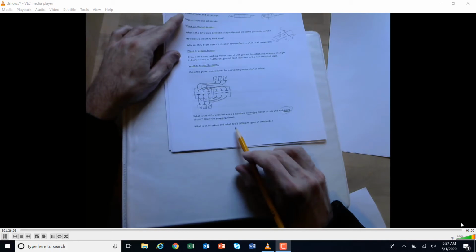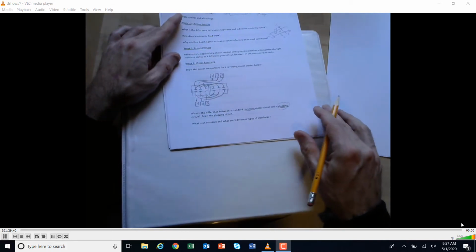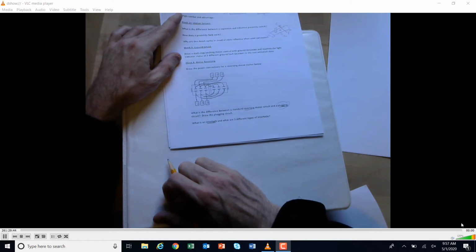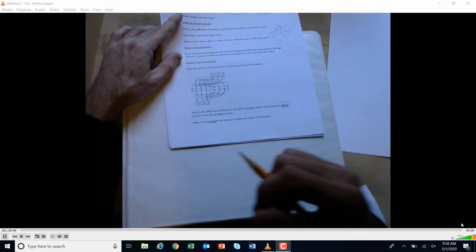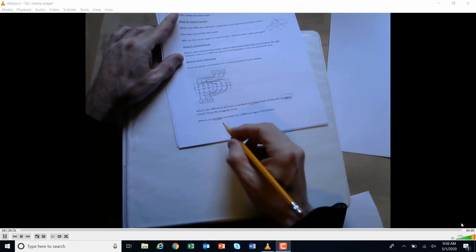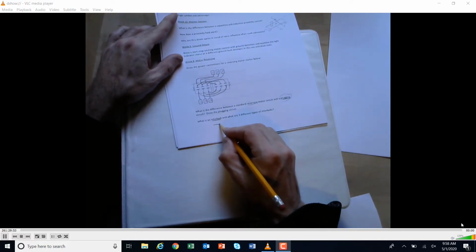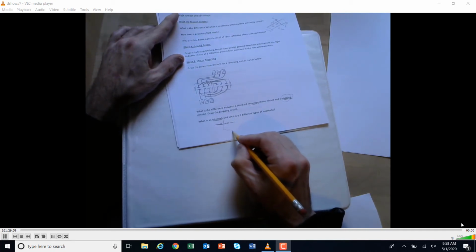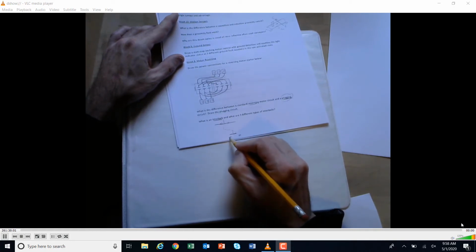What is an interlock, and why are there three different types of interlock? So an interlock is going to prevent two operations from occurring at the same time, right? What we had there is the push button interlock. We had a closed push button here, and it was interlocked to an open push button here.